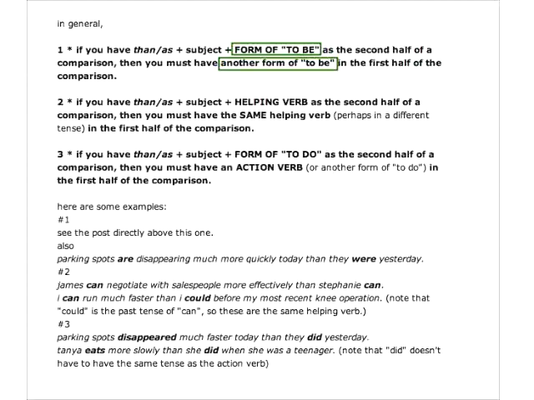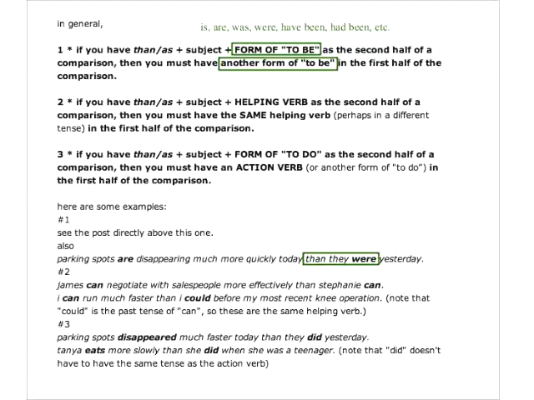Okay, 2b has lots of forms, but here's a few of those: is, are, was, were, have been, had been, etc.